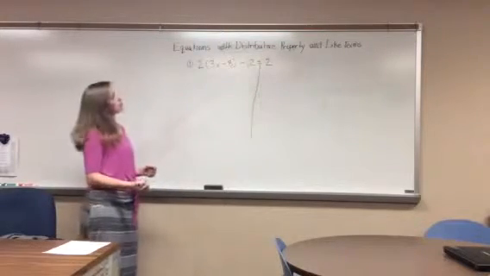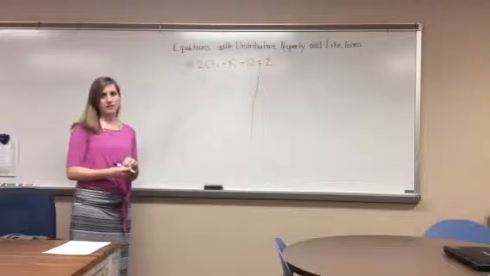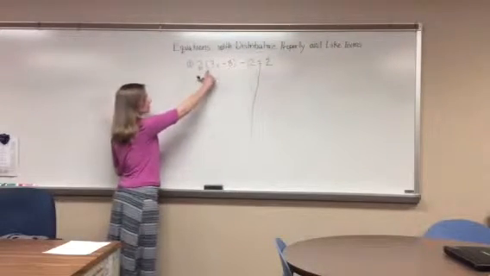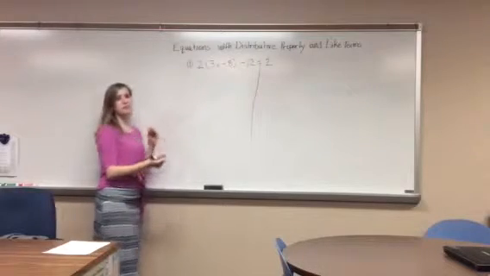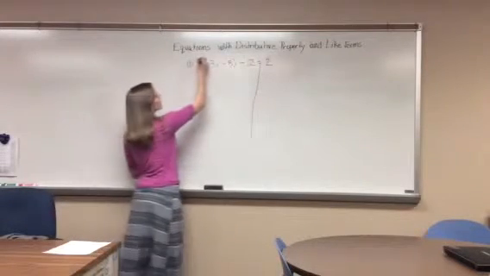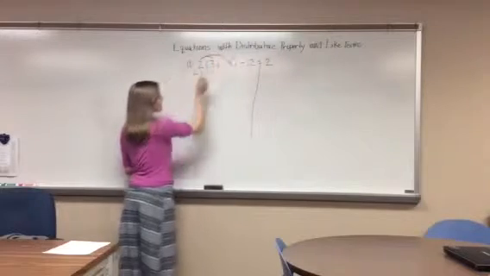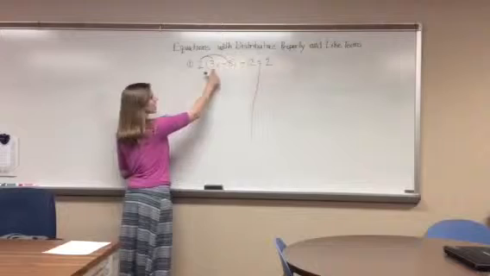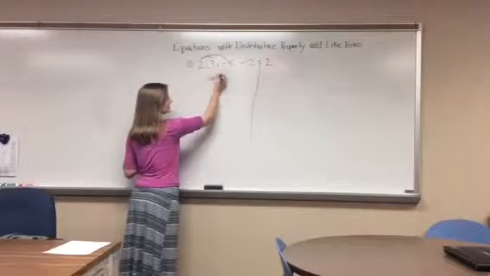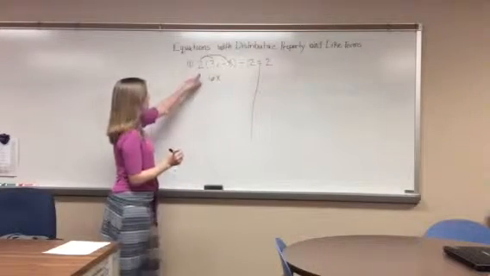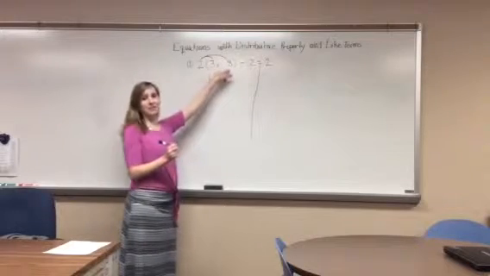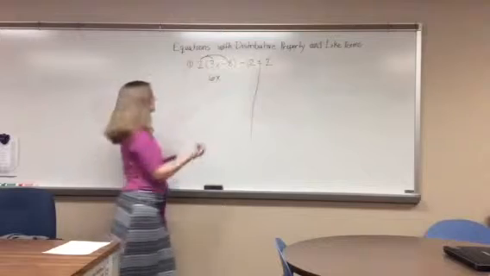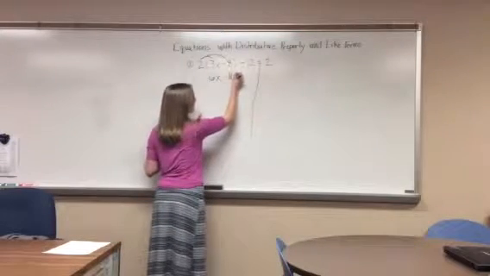So the first thing that we need to do is to get rid of those parentheses. Remember, to do that, we multiply. This 2 is right outside the parentheses, and that means multiplication. So I'm going to multiply the 2 times the 3x and times the minus 8. 2 times 3x, we get 6x. 2 times the minus 8, remember that makes this like a negative 8, so 2 times negative 8 is negative 16, so I have minus 16.